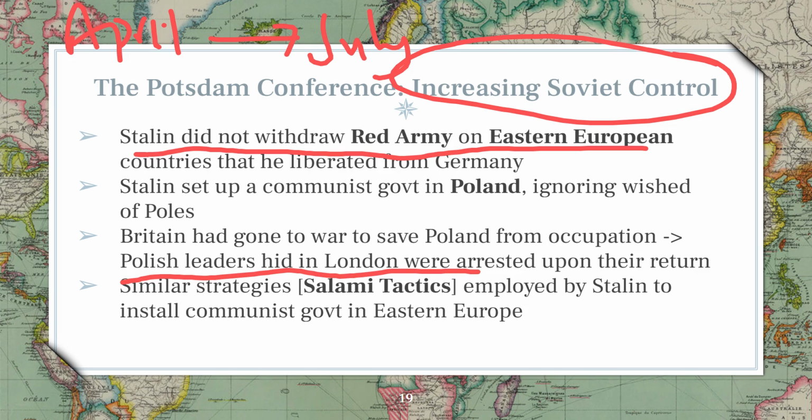So increasingly, what happened was that the Soviet Union was using their military to control the events in Eastern Europe in their attempt to set up friendly states. Right, they interfered with free elections. Therefore, to America, they were not honoring their word from the Yalta Conference.